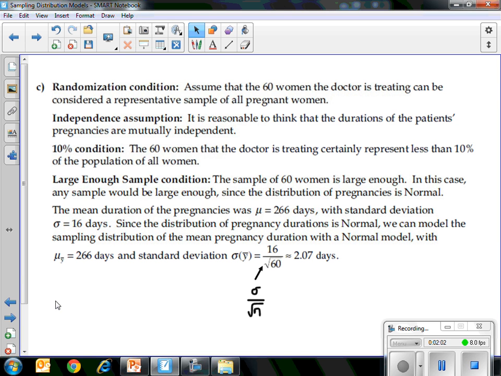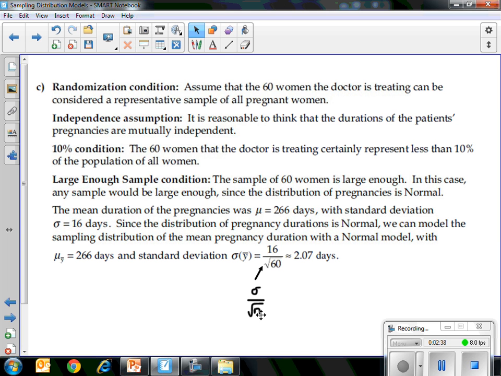And the mean duration of the pregnancies, which was mu, was 266, with a standard deviation of 16. So again, those are the things that they had asked for. And since the distribution of pregnancy durations is normal, we can model the sampling distribution of the mean pregnancy duration with a normal model, with mu equal to 266 days, and the standard deviation equal to, now remember this deals with this one here, so we're not given the probability of success.